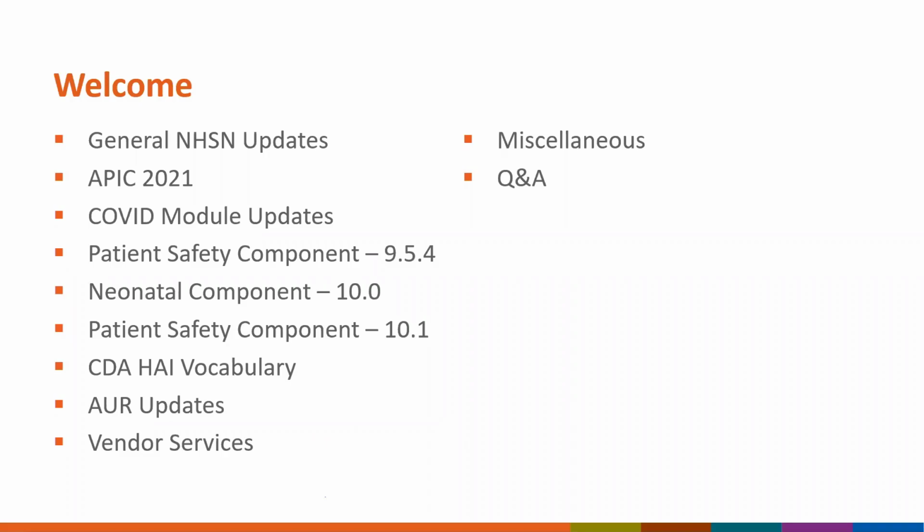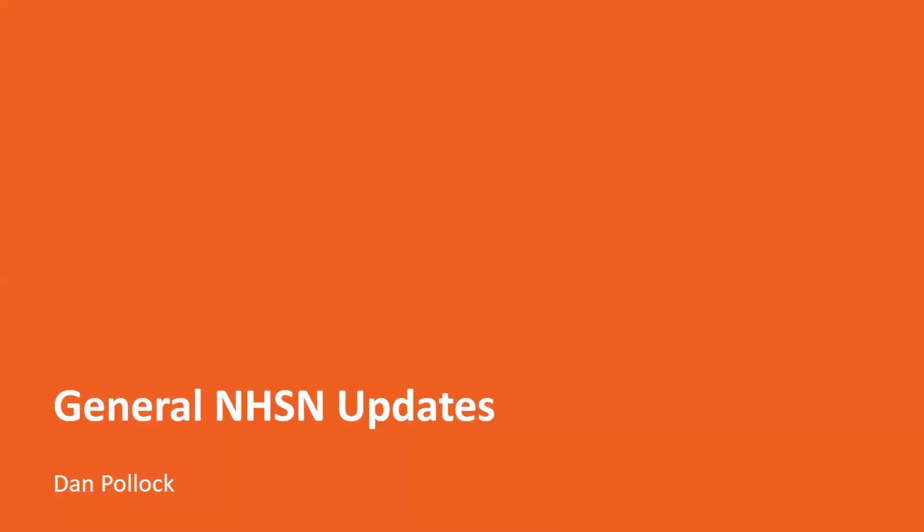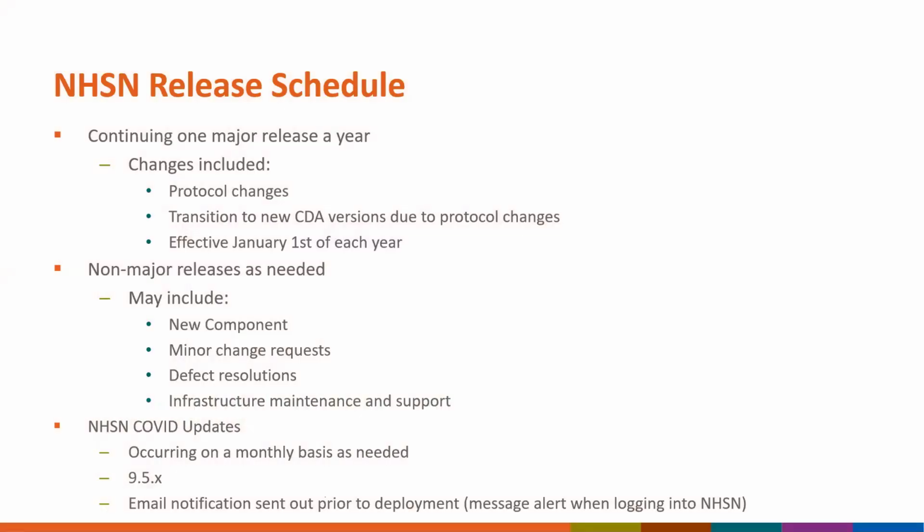So the next slide is the general NHSN updates. We're continuing with one major release a year, and the changes in each of the releases will reflect protocol revisions and transitions to new CDA versions, and the effective date for these major releases will remain as close as possible to January 1st of each year.